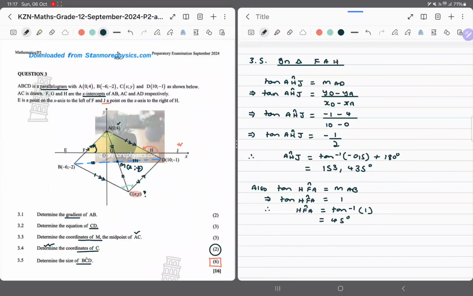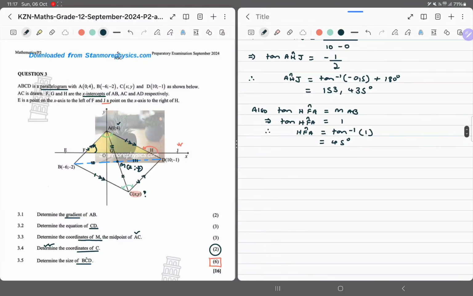That is a special angle. It's 45 degrees. Nice and easy. We can say then, we know that essentially angle HFA plus angle FAH, we can leave it at that, must be equal to angle AHJ.